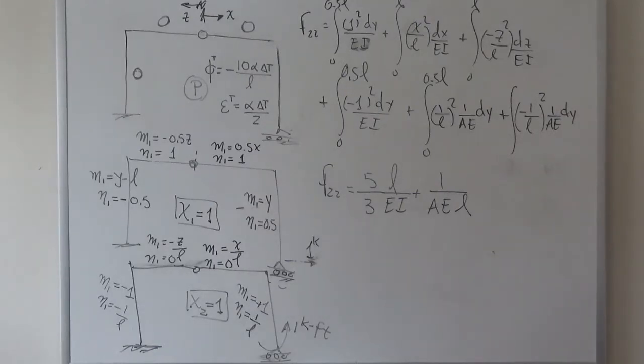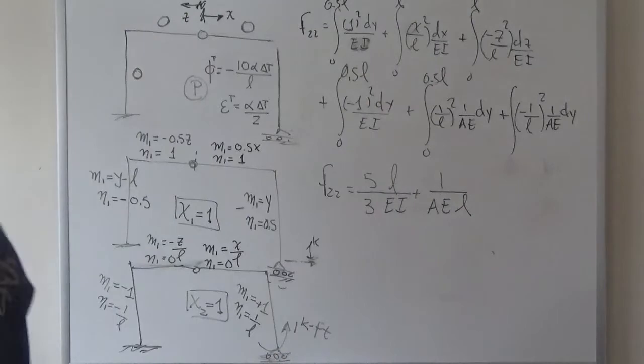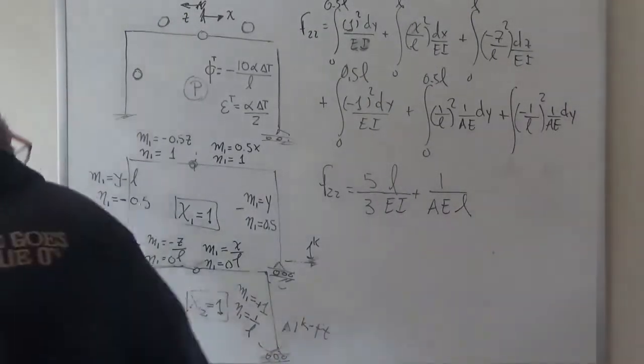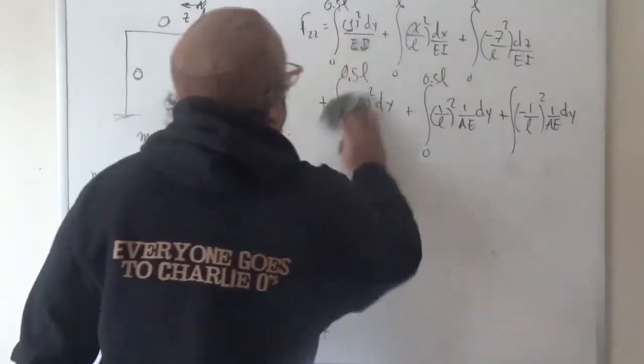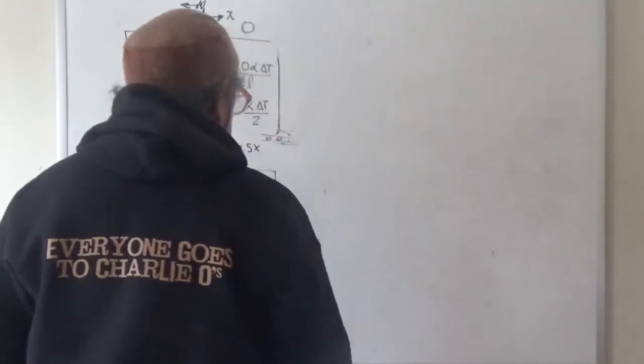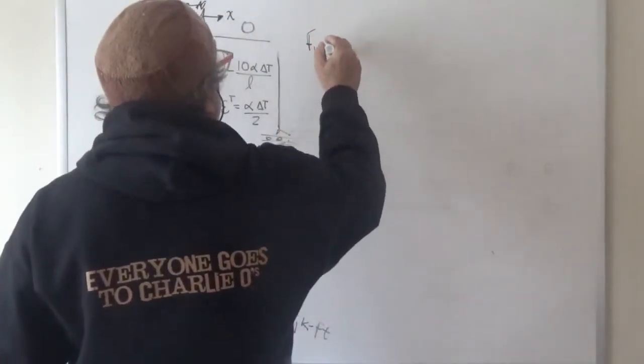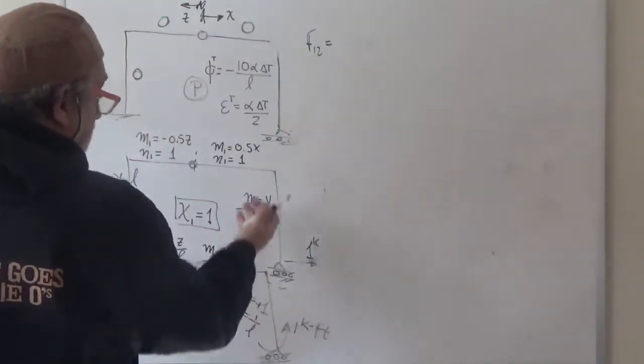Okay? Now we have F12 as our only remaining issue. So we erase, and we have F12 equals sketch 1 times sketch 2.